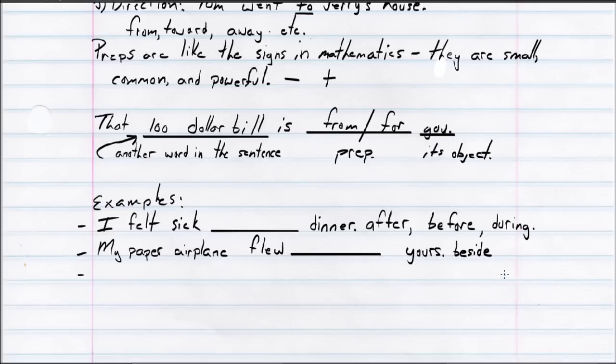So you try a couple here. I'll add some more. I've put down beyond and near. Okay, both of those things show relationship of space. My paper airplane flew beyond, beside, or near yours. You might have chosen something different there.